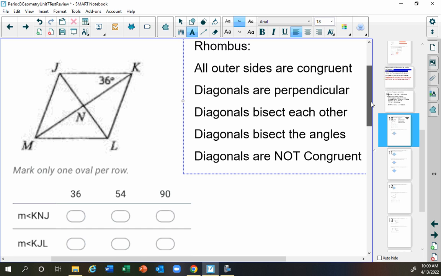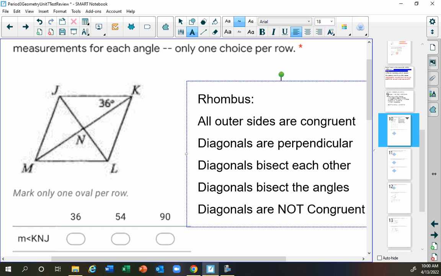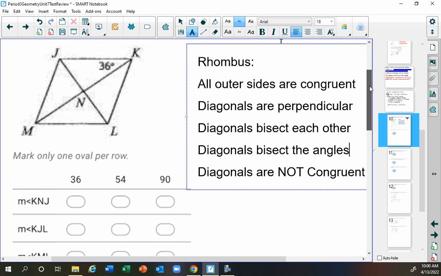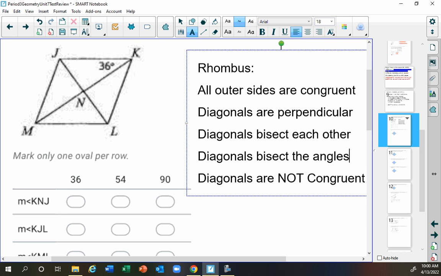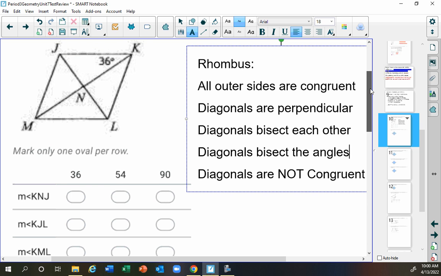So the rhombus outer sides are congruent. Let me put this down a little. Okay, I think I have enough. All right. So outer sides are congruent.